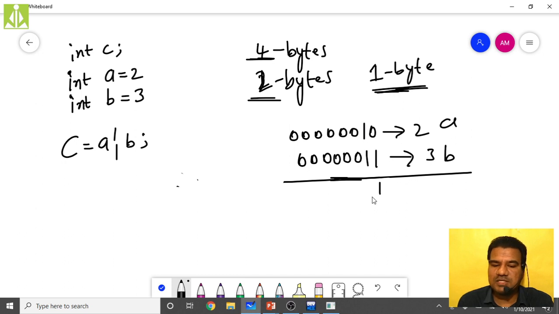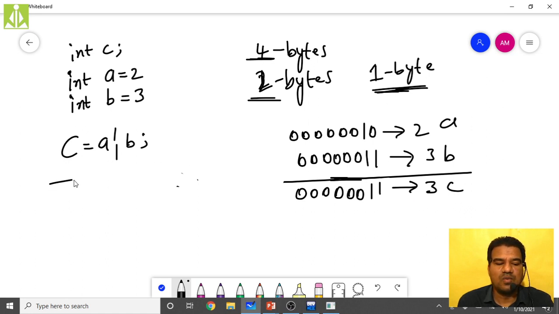Two ones also give 1. The condition is that any of the two bits must be 1. Here both bits are 1, so the result will be 1 only. For all the others I get zeros, since there are no ones. So what is this? This is binary 3, so in decimal, 3. So the c value you have to get is 3.